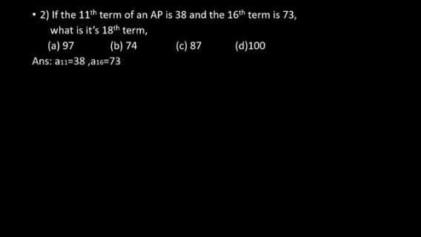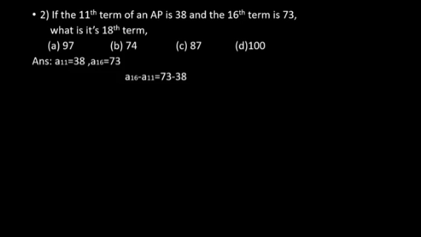To find out the difference, bigger term minus smaller term we need to subtract. So I'll now subtract it. A16 minus A11 is equal to 73 minus 38. 16 minus 11 we will do now, so we will get 5D, because A16 you can also write as A plus 15D. In an easy way, you have 16 minus 11, we will get 5D.